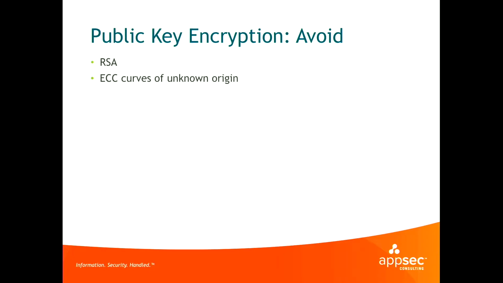Curves can have interesting properties that may or may not be documented. It is possible for me to create a curve that you could perform your encryption against that actually has a backdoor to it. So it's important that when you're evaluating ECC libraries, when you're evaluating algorithms, that you understand the origin of the curve that you're using.